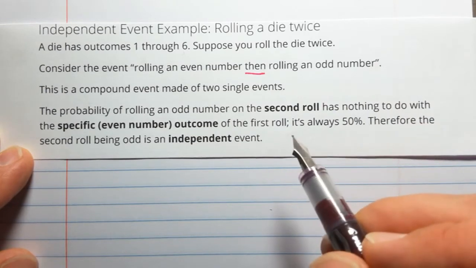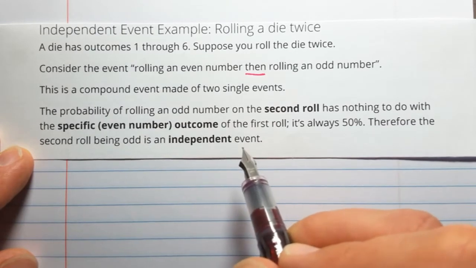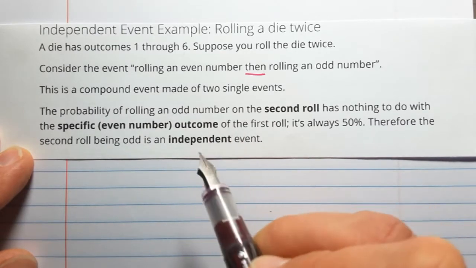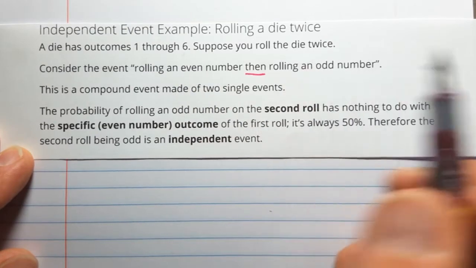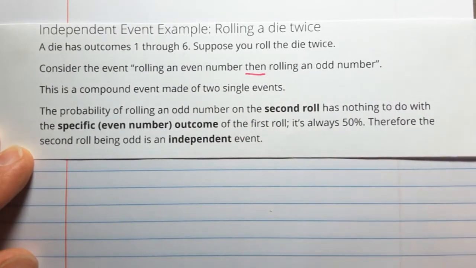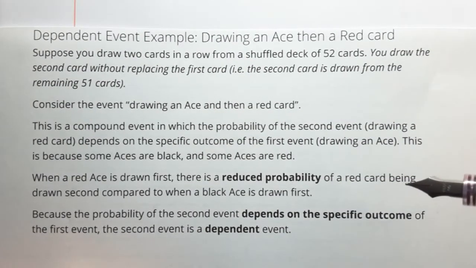And so the second roll, the fact that it's going to be odd, that's an independent event. And because the first event has nothing to depend upon before it, independent, independent, overall this whole thing is an independent compound event.